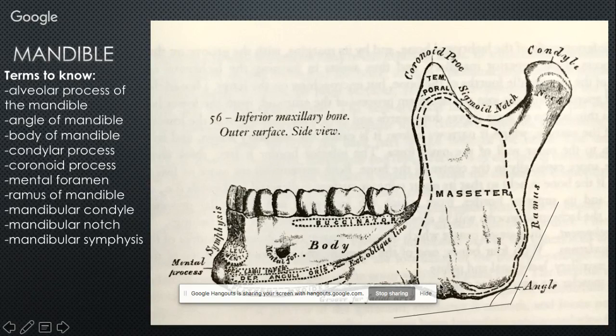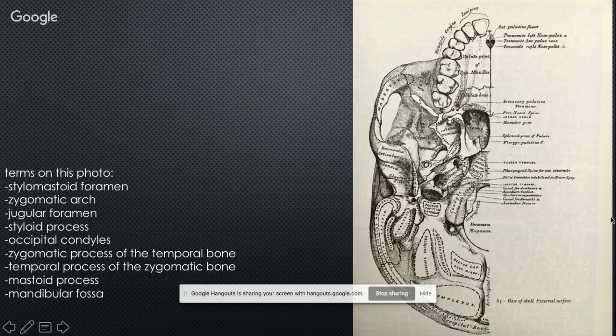This is the ramus of the mandible. Again, the mandibular condyle right at the top, the mandibular notch, this little scoop right here, and then the mandibular symphysis right at the front where it comes together. It's better viewed from the anterior angle though.